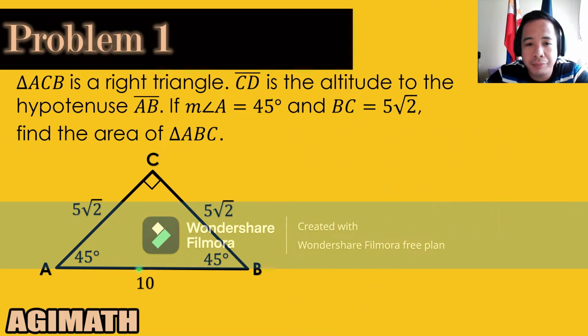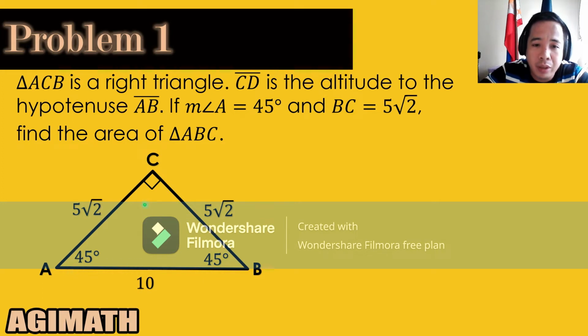Now moving on, we are asked about the area of triangle ABC, or the triangle ACB. To find the area of any triangle, we use the formula area is equal to 1/2 times the base times the height, or 1/2 the product of the base and the height. If you look at our triangle, this 10 should be the base.